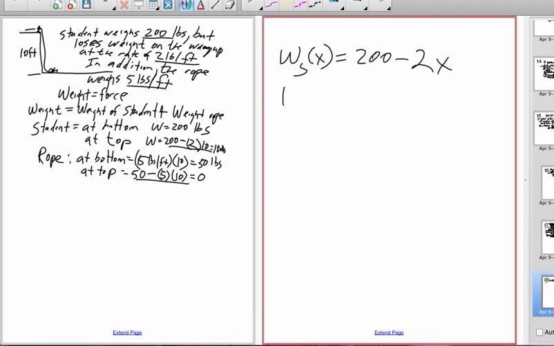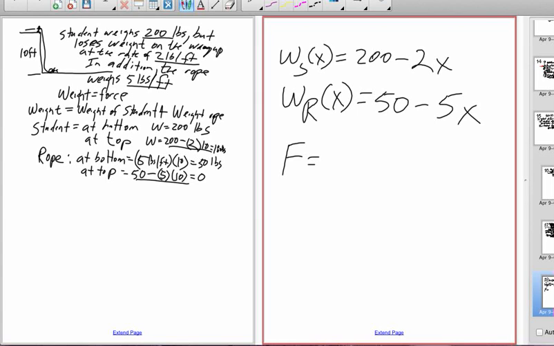And the weight of the rope at some height x is going to be what we started with, 50, minus 5 pounds per foot, the rate at which we're losing it, times our height x. So now our total force, which is our weight, is going to equal the weight of the student plus the weight of the rope, which is 200 minus 2x plus 50 minus 5x.